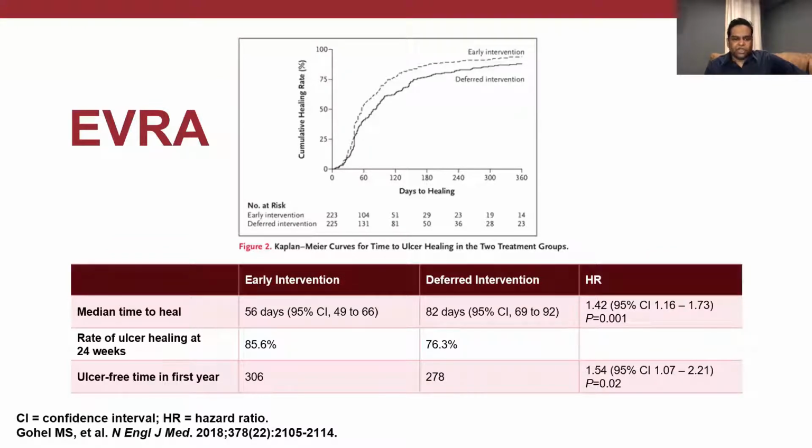Another landmark study is the EVRA study, which randomized treatment of superficial veins earlier compared to a deferred treatment arm. The earlier intervention demonstrated faster healing time, more ulcers healed at 24 weeks, and more ulcer-free days within the first year.